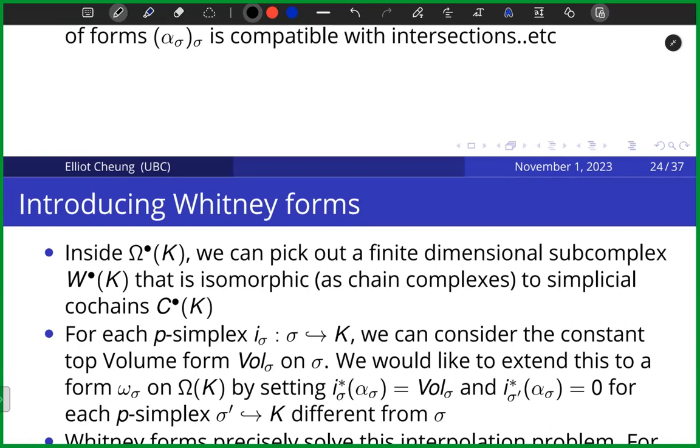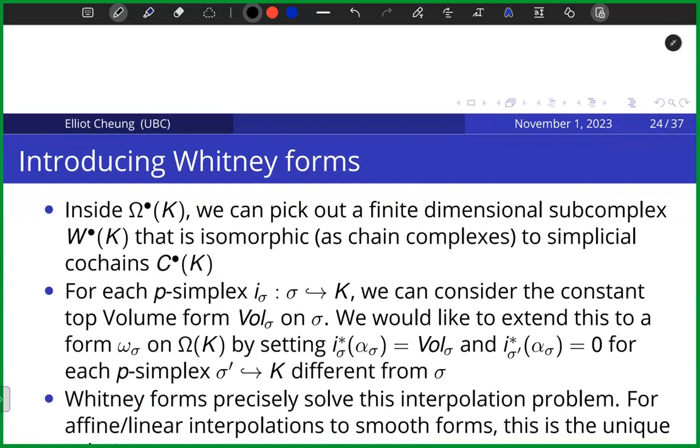And we would like to extend this to a smooth form on this whole simplicial complex. We want to extend this by saying that restricted to sigma itself, it should be that volume form, and restricted to other P faces, I should get 0.